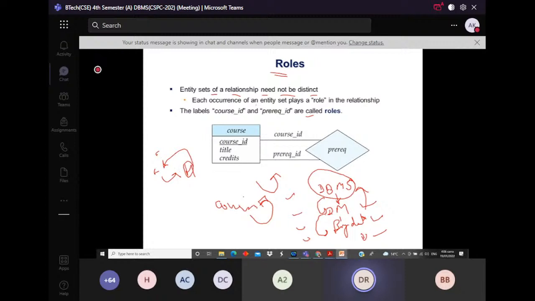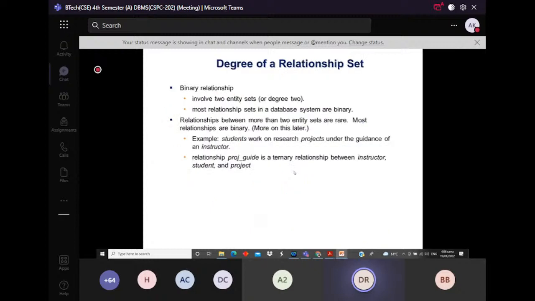Each occurrence of an entity set plays a role in the relationship. To represent this, the entity set will be represented like this. You can see here course ID, then the relationship, and then whatever other attributes you can write here.